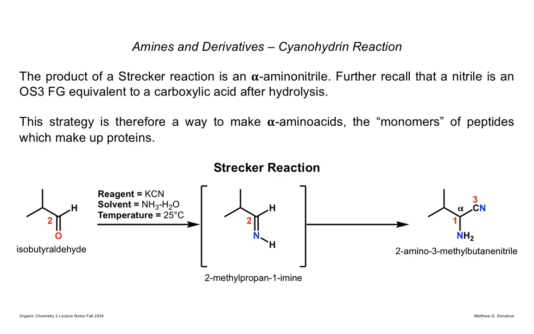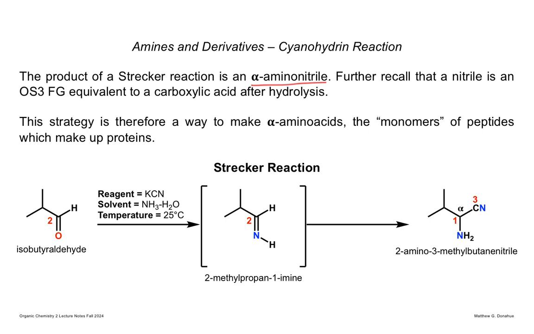So the Strecker reaction is now going to form an alpha amino nitrile. Again, that prior reaction was alpha hydroxy nitriles. So overall, the reaction is making a formal equivalent of an alpha amino acid.